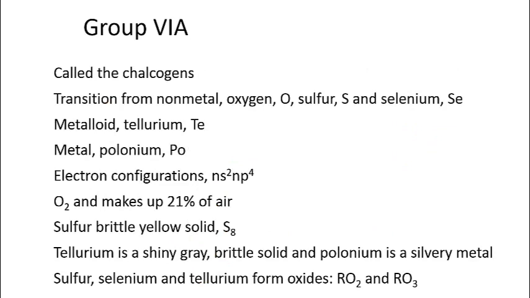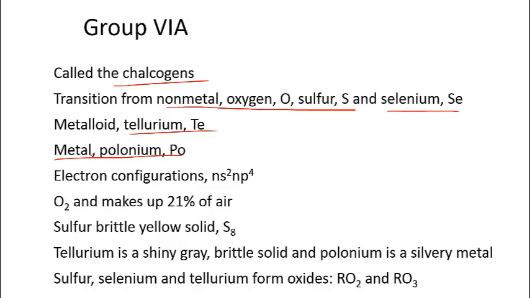Moving on to group 6A. This group of elements is called the chalcogens. And these also show a transition from nonmetal, being oxygen and sulfur, and also selenium, to metalloid, tellurium, then lastly to metal, polonium.